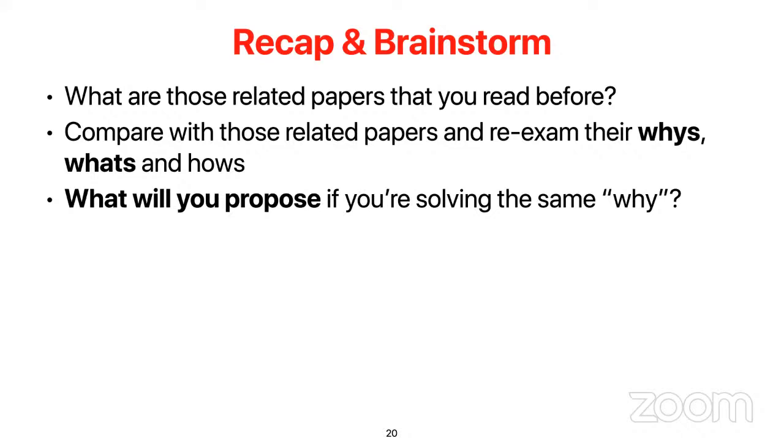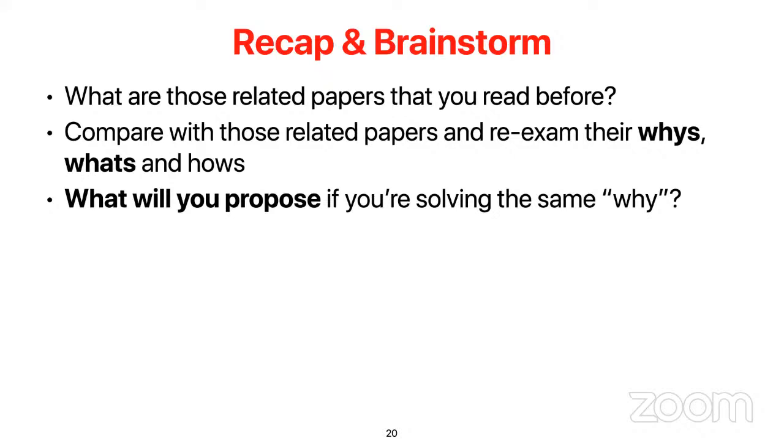So after identifying these three things, I want you to recap and think about: have I read papers that are related? And if they are related, why do they have different approaches? So again, re-examine their whys and whats. They may have different whys and whats, even though they seem to be related.